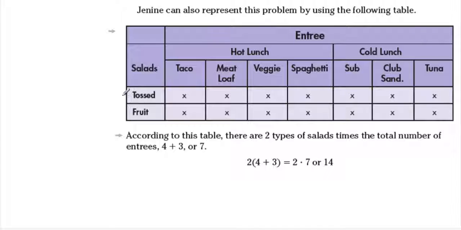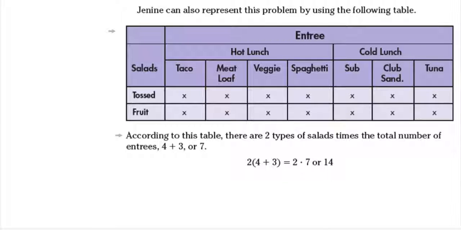These are your 2 types of salads, and these are your entrees, 4 and 3 is equal to 7. Or we can make the equation 2 times the quantity 4 plus 3 equals 2 times 7, or 14.